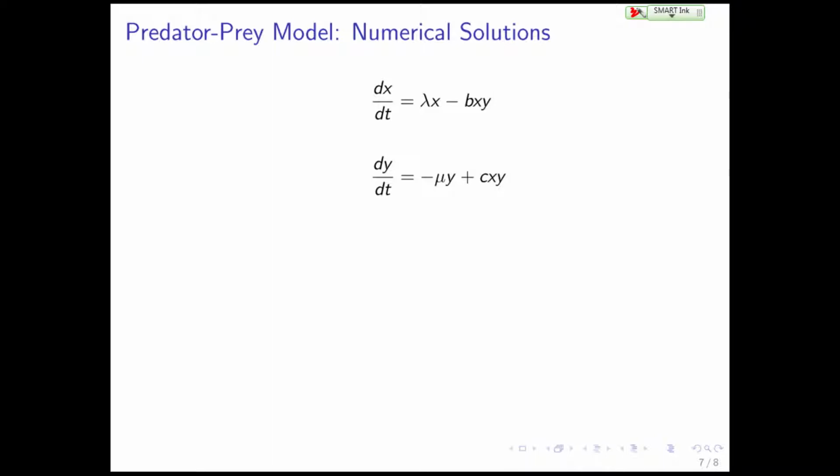There are some key terms here. For example, this term b times xy and this term c times xy denote the interactions between predator and prey.